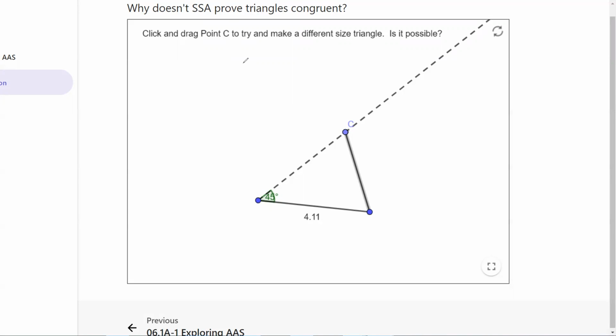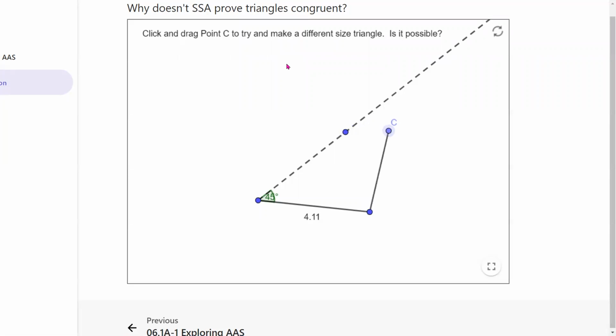Okay, so what you'll notice here is I have this angle, so that's my angle. I have this side and I have this side. They didn't give us the value, but that side is not changing, it's staying, okay? So that's side-angle. Now, the reason that this is not congruent, like a congruent triangle, is the following.